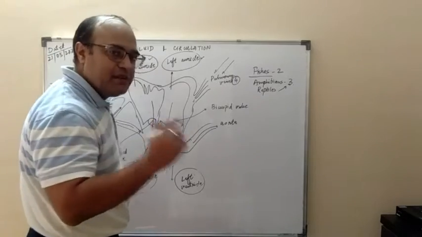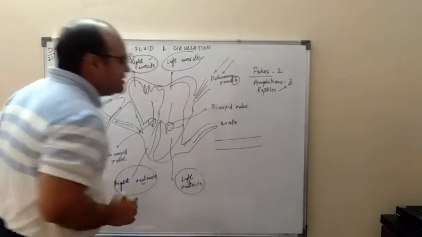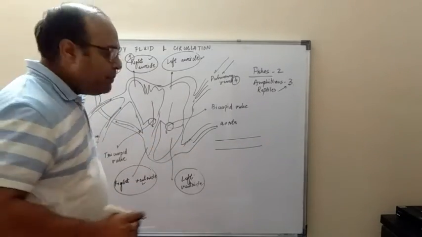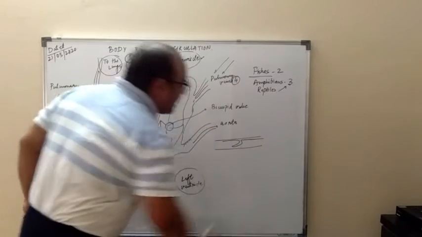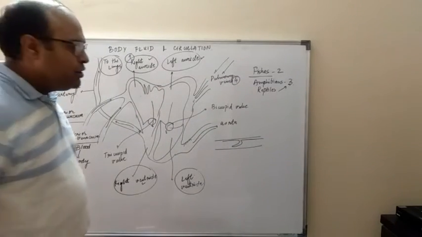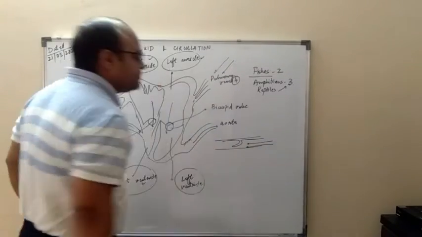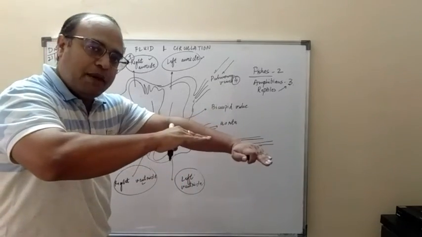I will draw a diagram and show you. Suppose this is a vessel, and it has a valve in it. Now when the blood is coming from this direction, the valve tends to open and lets the blood pass through it.